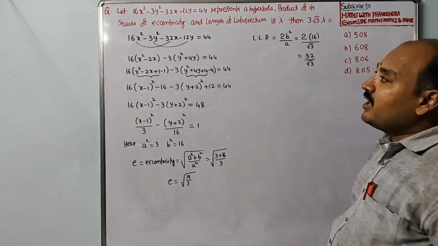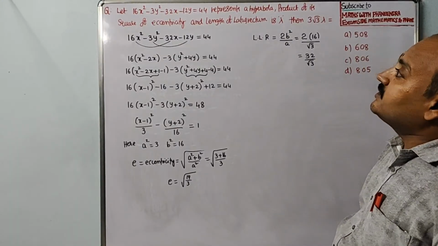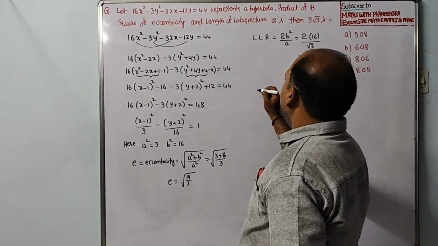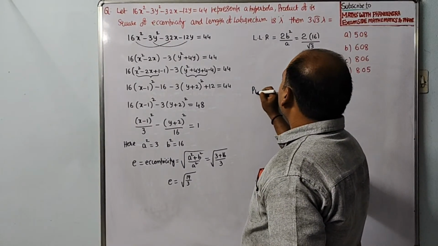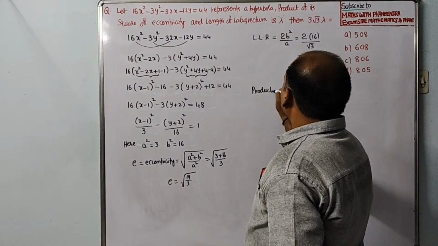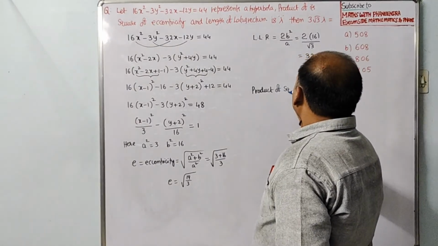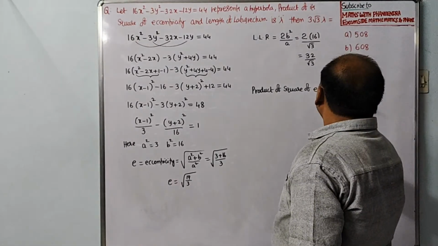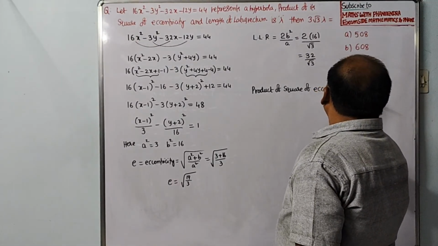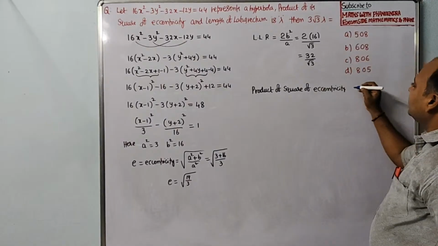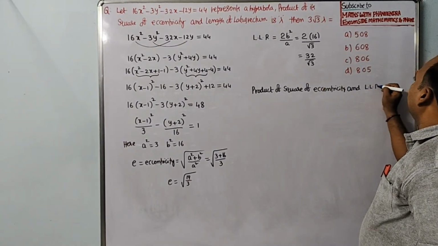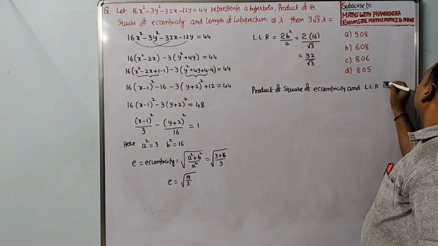Now what they are asking is the product of the square of eccentricity and the length of latus rectum LLR is lambda.